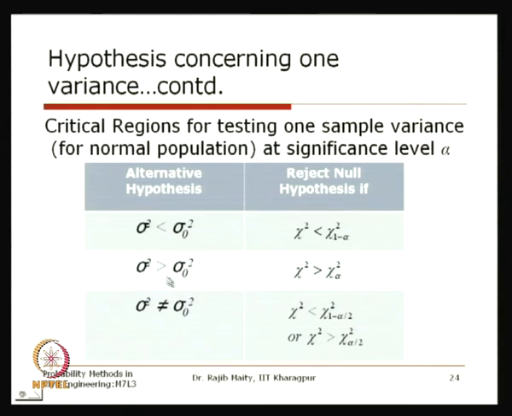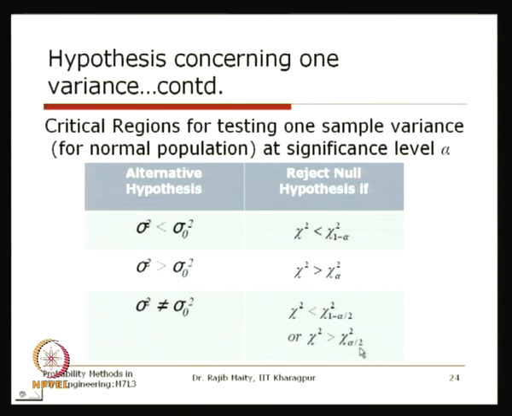For the right side test, if it is greater than chi-square alpha, then we reject the null hypothesis. And for the two sided test, if it is less than chi-square 1 minus alpha by 2 or greater than chi-square alpha by 2, then we should reject the null hypothesis.